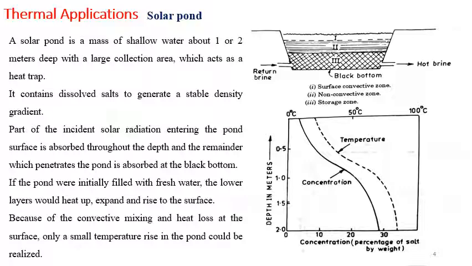In the graph, if we plot concentration as percentage of salt by weight against depth in meters on the y-axis, as concentration increases, the temperature also increases. Make a note of that from the graph.